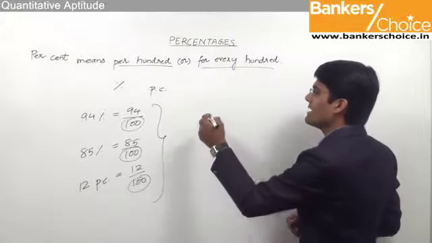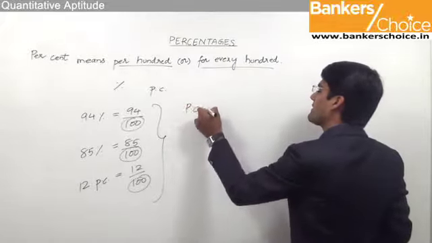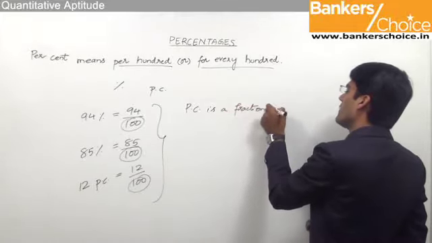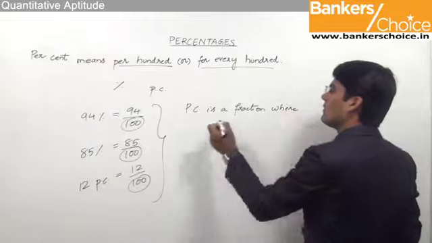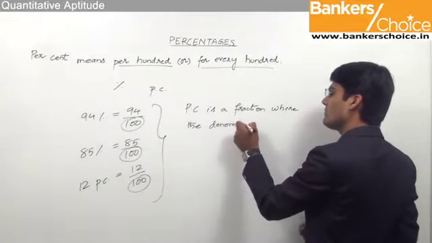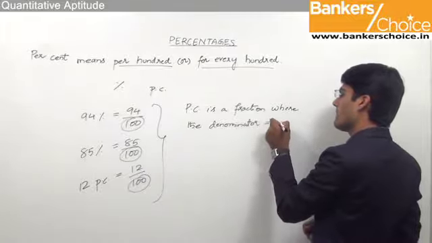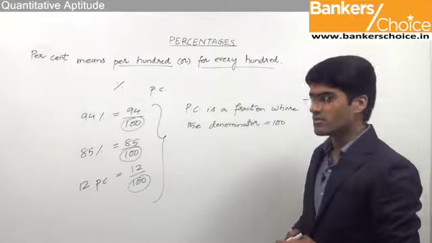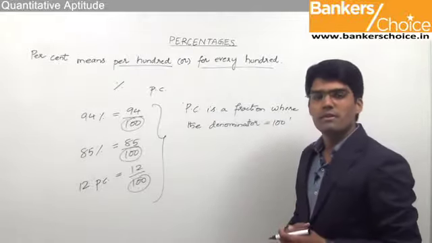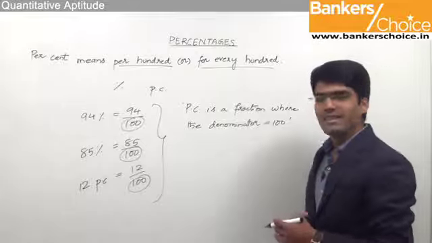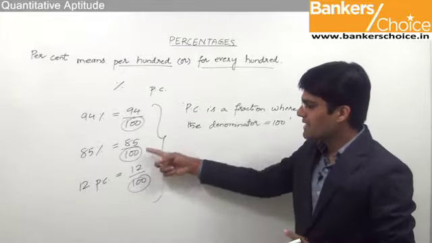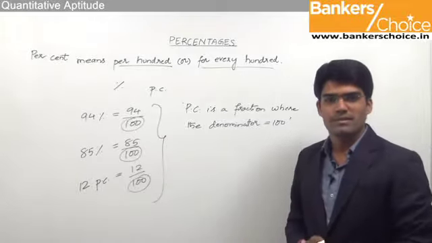So this definition again is an important point which will be used in various other topics. So percentage is nothing but per 100 or out of every 100, and it can be taken as a fraction where the denominator is equal to 100.